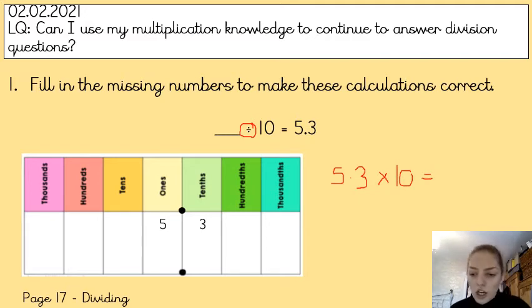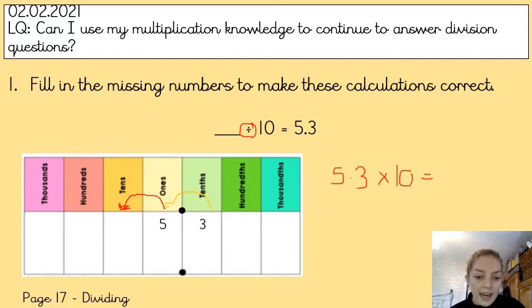Now I'm going to show you how we can work this out using the table, and it's very simple. Because it's multiplied by 10, it is 10 times bigger. So you're going to have to go over a place value spot with your numbers. Okay, so it is 10 times bigger.